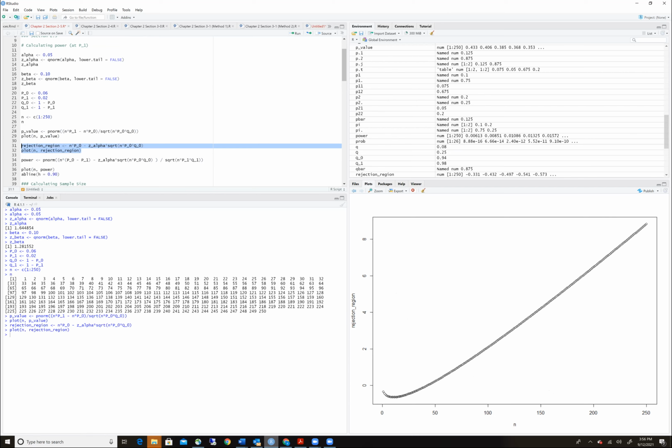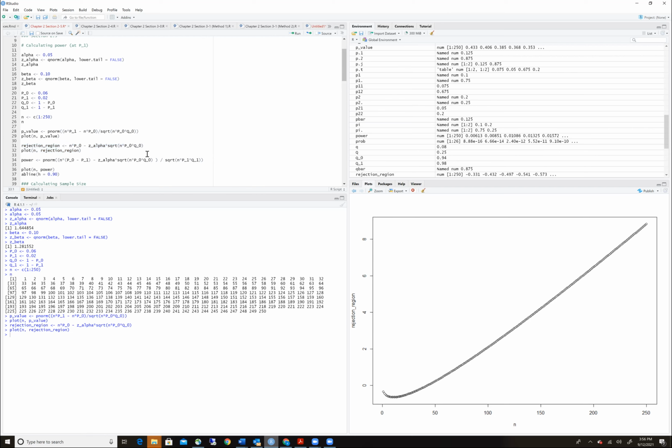So let's suppose that we have 250 people in our sample. Essentially, I'm going to reject whenever I see 8 or less successes out of those 250. That will lead to a rejection. So it's nice to understand, like, at different values, I might see a different number of successes.